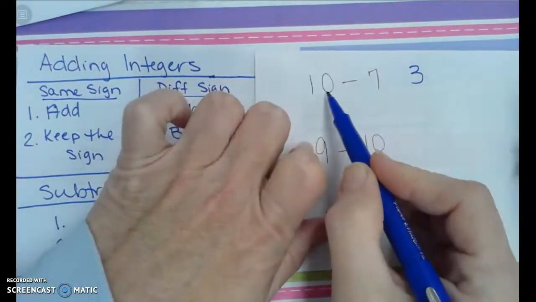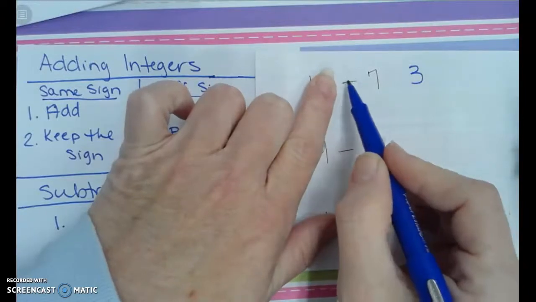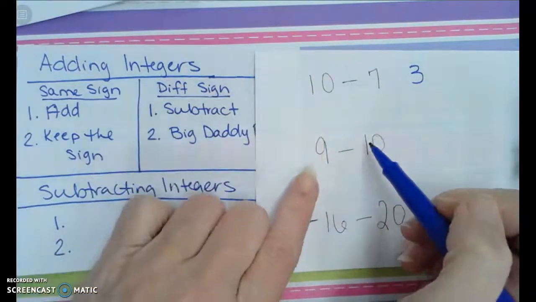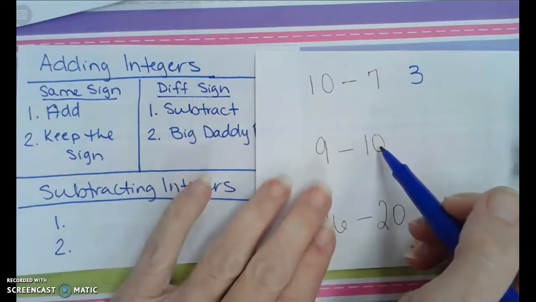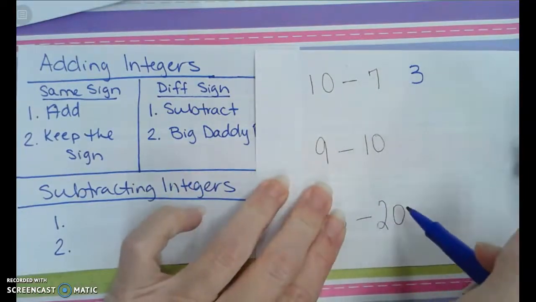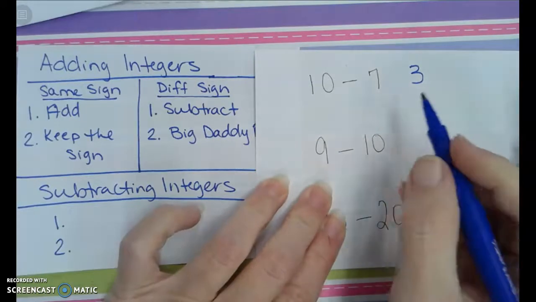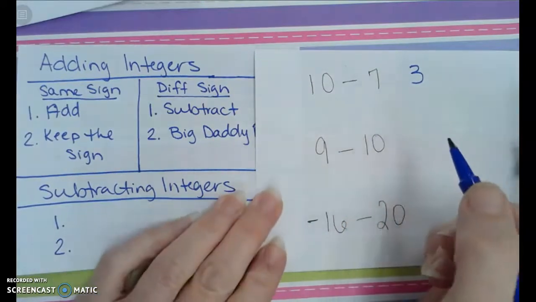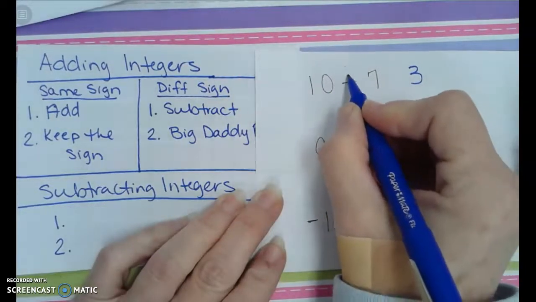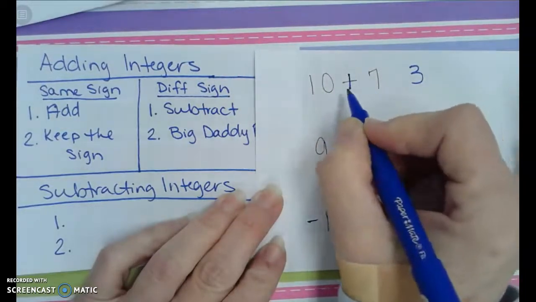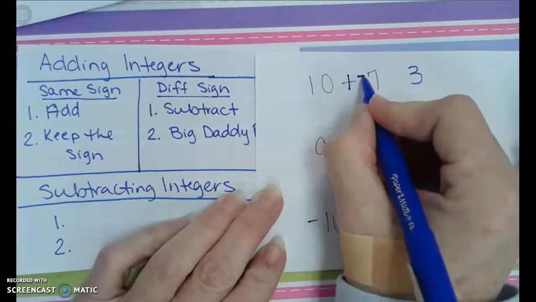If I take that 10 away, that's really saying that that 7 is negative. That is really telling you that that 10 is negative. And that is really telling you that that 20 is negative. So the way we look at that when we start adding and subtracting integers is anytime you see a subtraction, we're going to change it to a negative. And we said that that was really a negative 7.